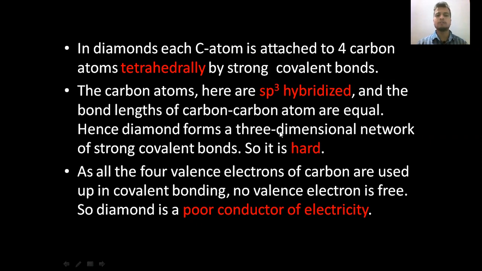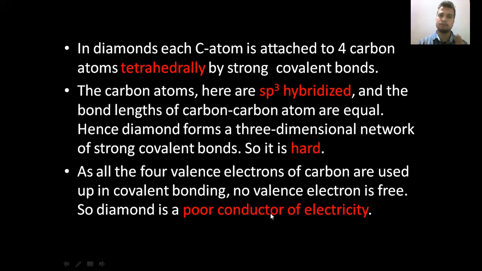Hence, diamond forms a 3-dimensional network of strong covalent bonds. So it is hard, as I have explained to you. All 4 valence electrons of the carbon are used up in covalent bonding. No valence electron is free. So diamond is a poor conductor of electricity.